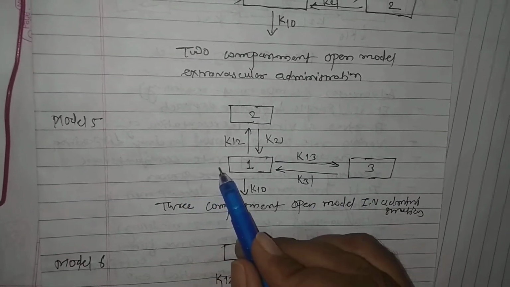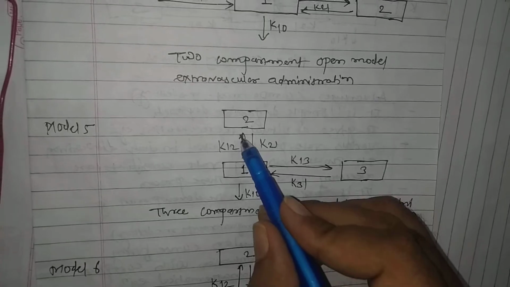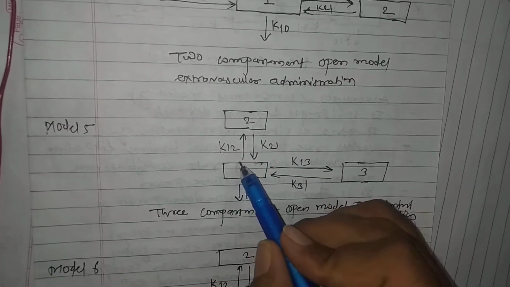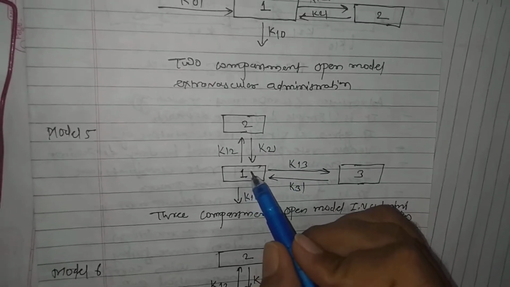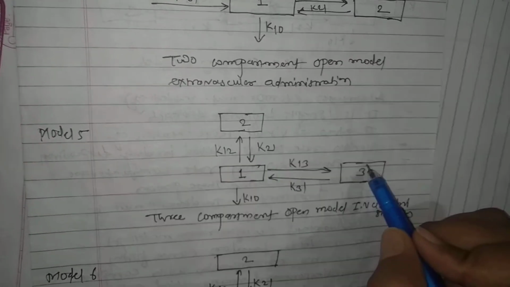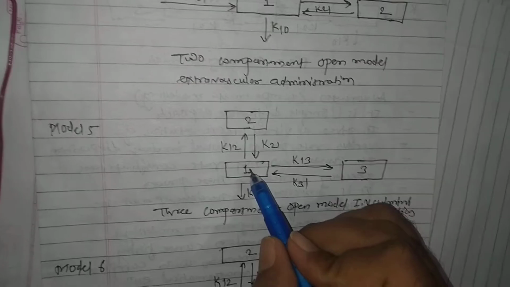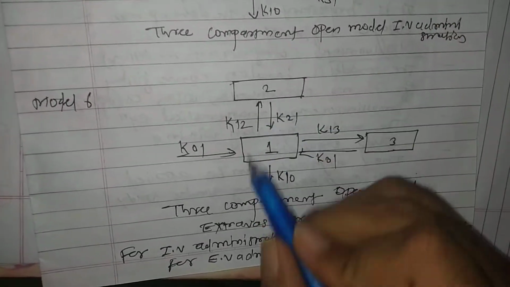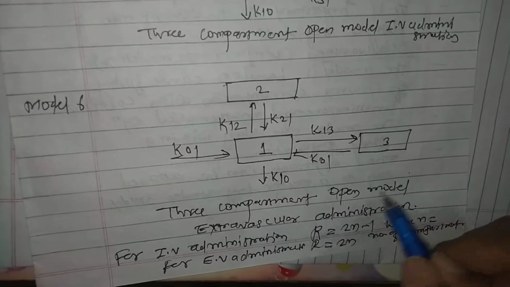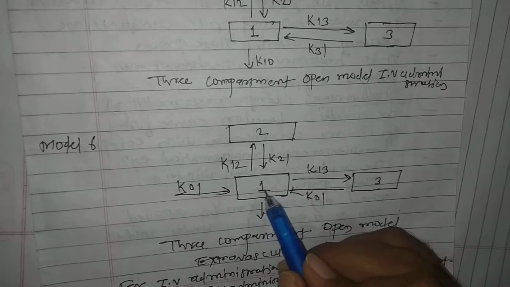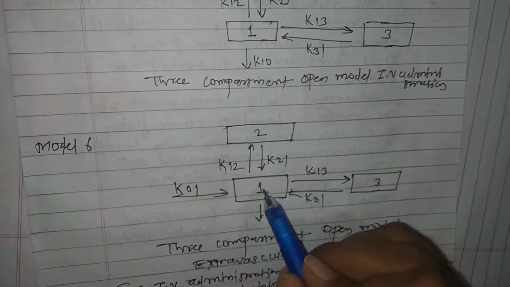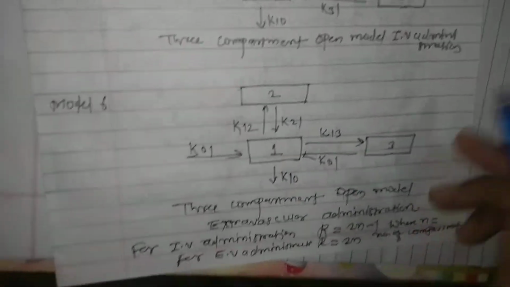Again here there is no absorption phase. We can see the direction of arrows: compartment 1 to compartment 2, compartment 2 to compartment 1, compartment first to compartment third, and compartment third to compartment first. Model 6, the last model, is the 3 compartment open model, extravascular administration. Here the absorption phase, compartment 1 to 2, compartment 1 to compartment 3.